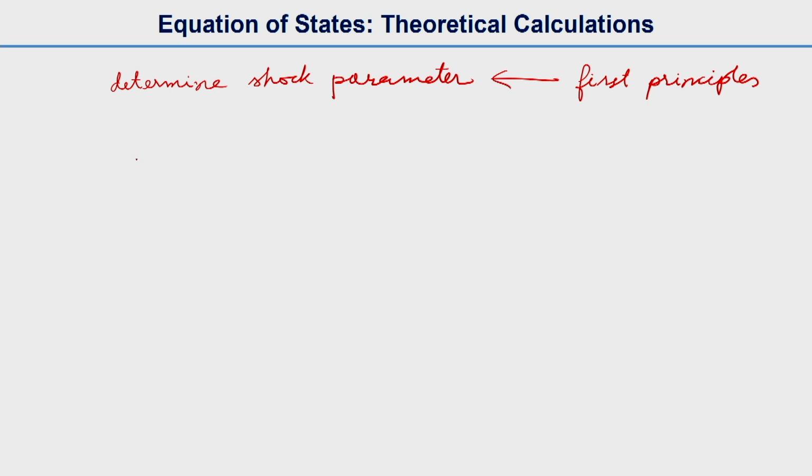It is possible to calculate the equation of state in a few cases, and these theoretical calculations use quantum mechanical calculations. You know that quantum mechanics involves the consideration of subatomic structure.